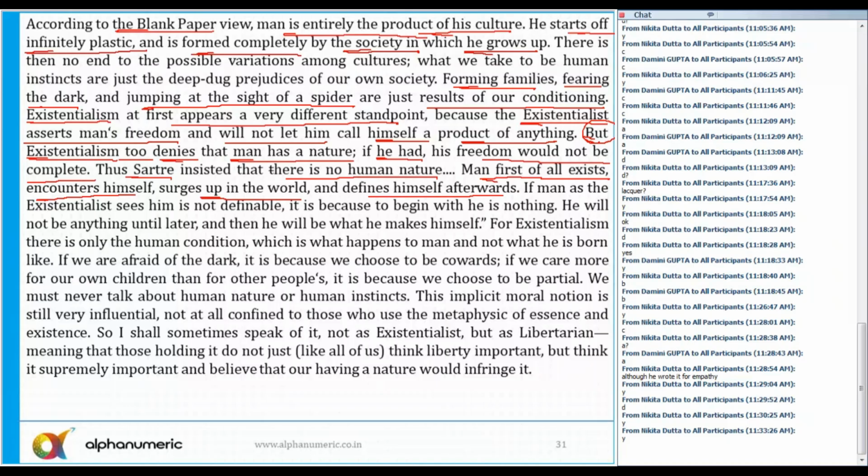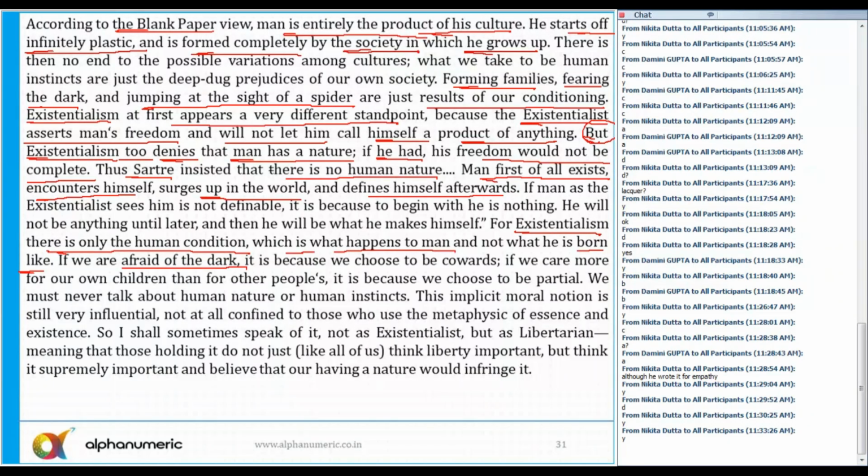So just like the blank paper view, existentialism, even though it seems they are talking about different things, both these views say that human beings don't have any nature. For existentialism also there is only the human condition, which is what happens to man and not what he is born like.